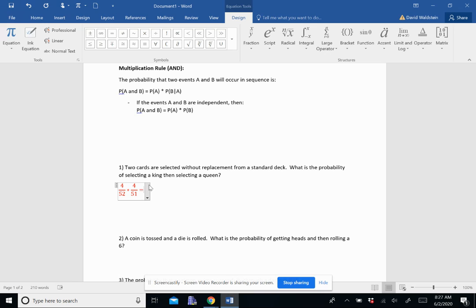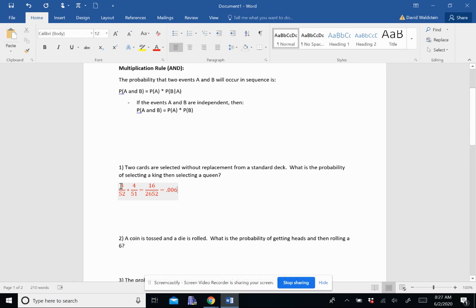So that gives us 16 over 2,652, which is 0.006.